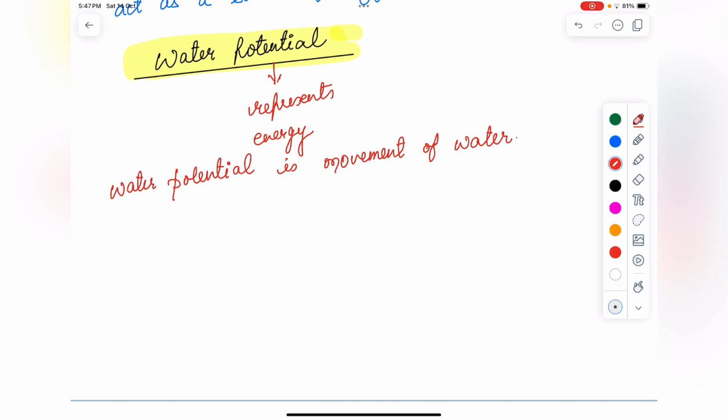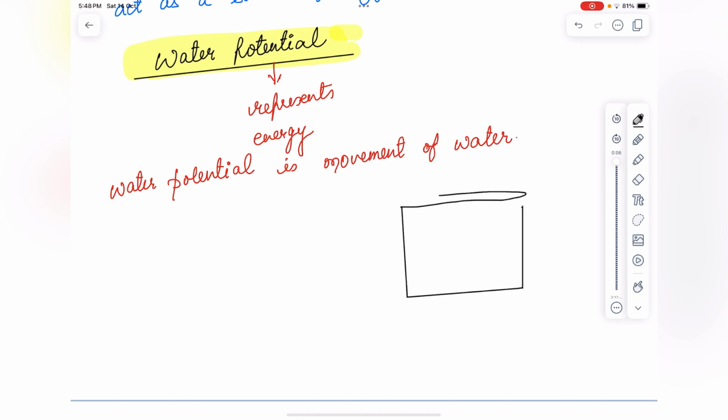If this is a beaker, in it water molecules are present. These water molecules undergo random movement from one place to another. The energy produced by that movement is called water potential, and it has a kinetic energy due to the random motion of water molecules.